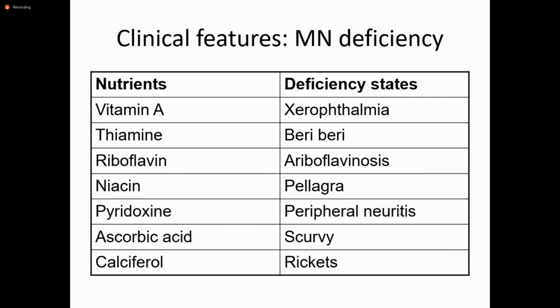I will sum up this micronutrient deficiency. So nutrients and their deficiency states. I've told all one. Okay. So vitamin A leads to xerophthalmia, thiamine deficiency, that is B1, beriberi, riboflavin, riboflavinosis, niacin deficiency leads to pellagra, pyridoxine deficiency leads to peripheral neuritis, vitamin C deficiency leads to scurvy, and calciferol or vitamin D deficiency leads to rickets.